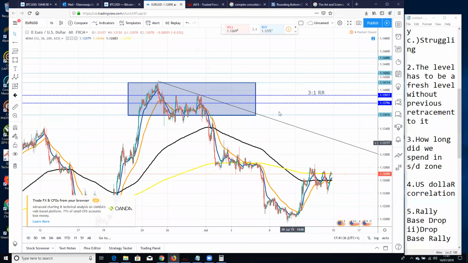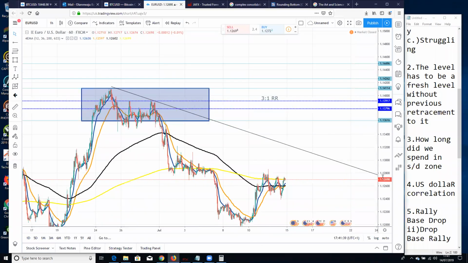That 3-to-1 risk reward ratio would have occurred after you see the break of this trend line, which can give more strength to the price of euro, and price continues to shift up higher into this zone. And because we've broken the trend line, we might not get that good stop. It's still 3-to-1.